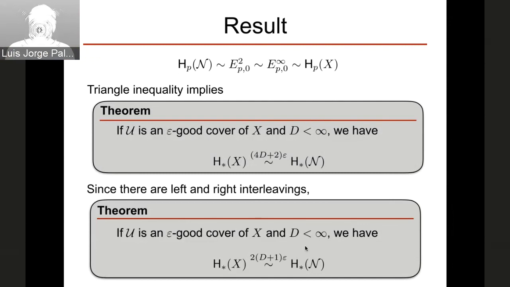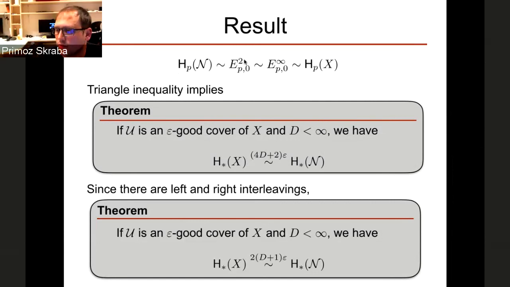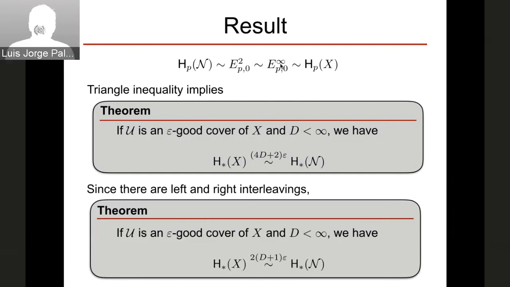Oh, so if you think about the step from going, if I have, so the step here, right, between E2 and E infinity, if I just fix P, is actually limited by P steps, and the extension problem between EP0 and HP is again limited by P steps.